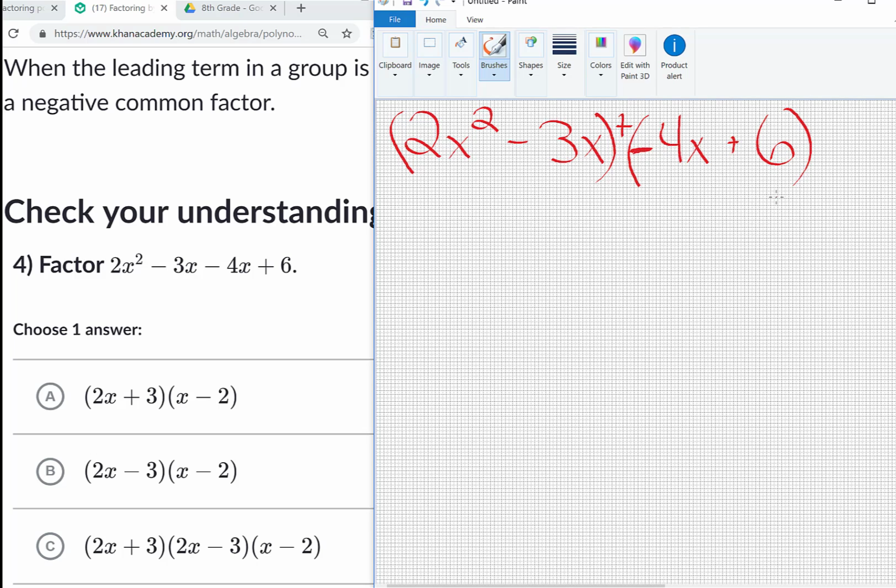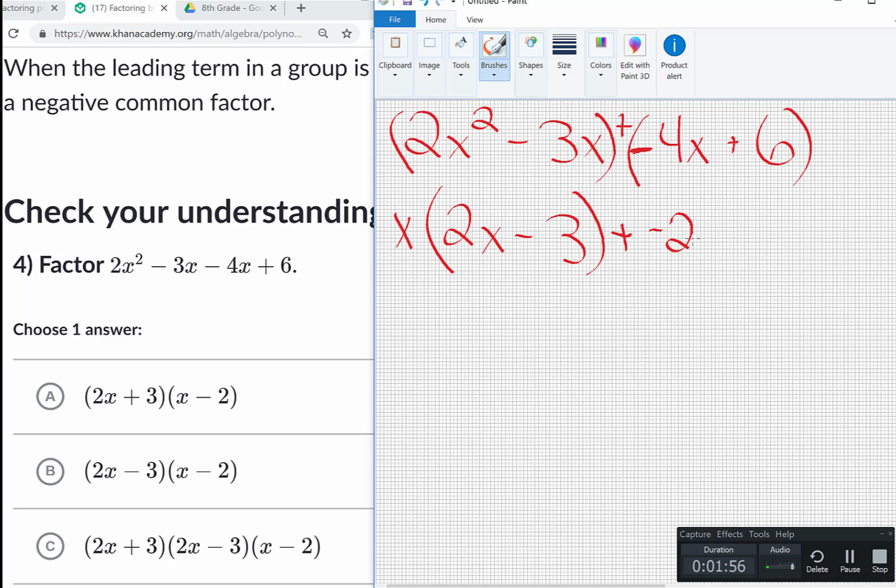So now we factor out 2. I'm sorry, no, we can't do that. We factor out an x, and we get 2x minus 3. And then here, we finish it, and we get 2x minus 3.